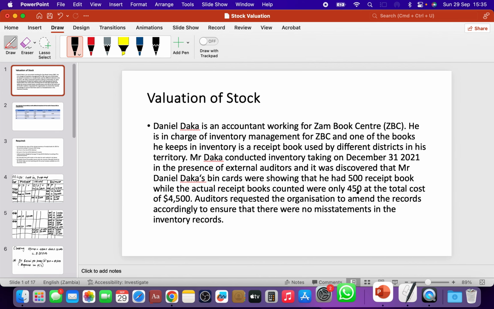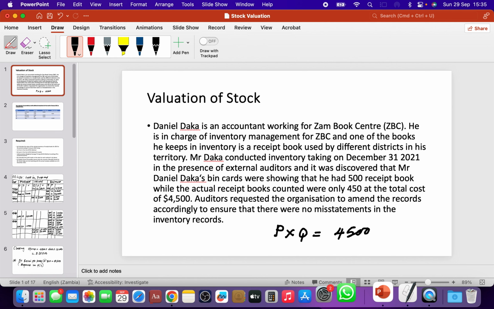We have been told that the 450 receipt books are valued at 4,500. In order for us to find the cost of these 450, the value is price times quantity, which will give us 4,500.